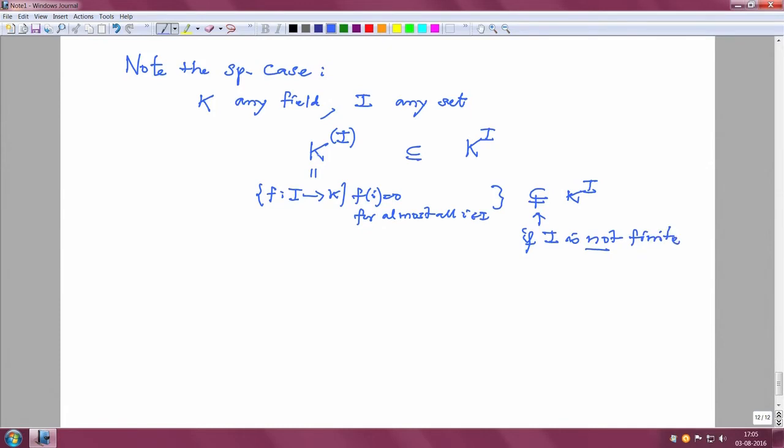So, this is the I-fold direct sum of K and this is the I-fold direct product.